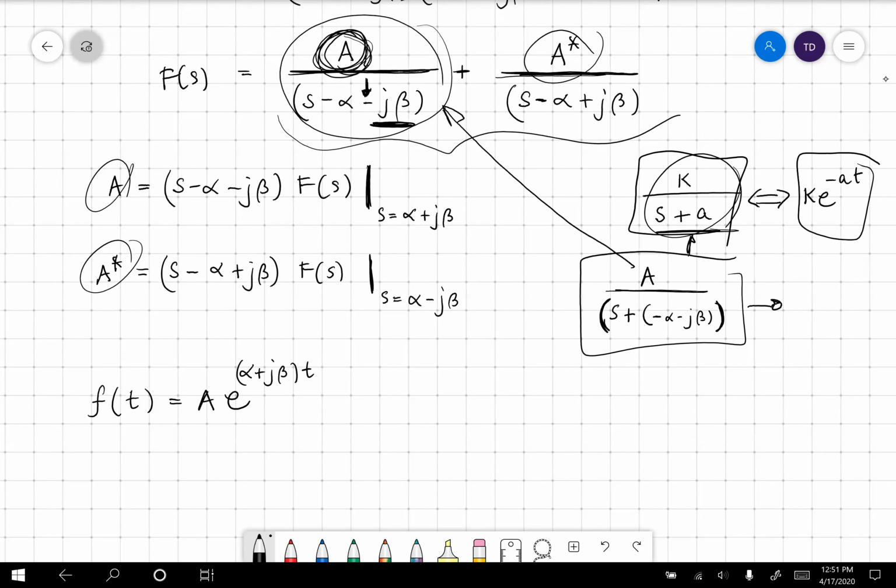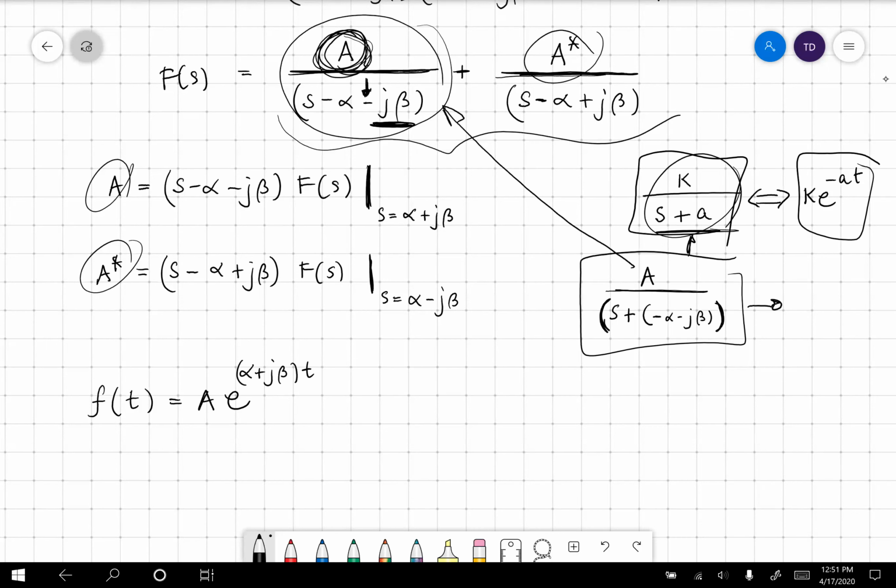So what do we have? When we have two complex conjugate terms in the function F of s, let me see if I can pull them down for you. There they are, two complex conjugates. We're going to group them together, solve for just one of the numerators.